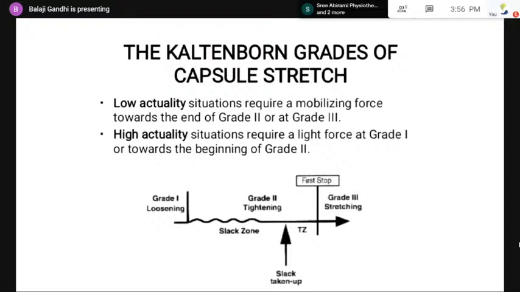So the low irritability situation requires a mobilization force towards the end of grade 2 or at grade 3. The high irritability situation requires light force at grade 1 or towards the beginning of grade 2. So this is the capsule stretch, the Kaltenborn grades of mobilization.